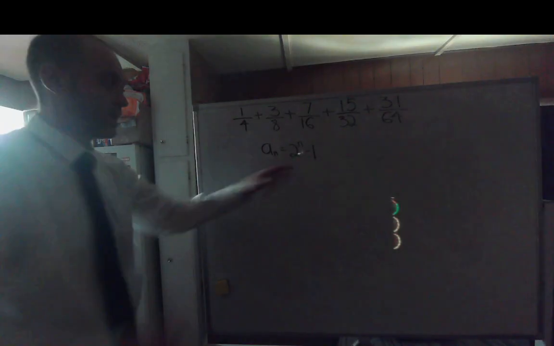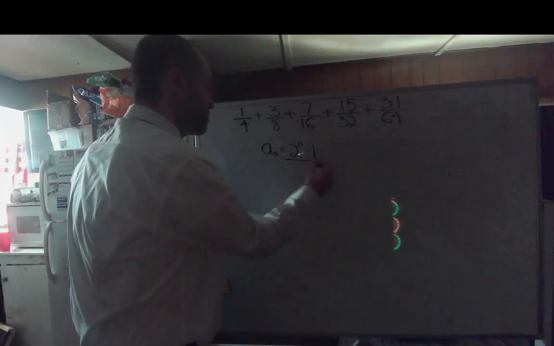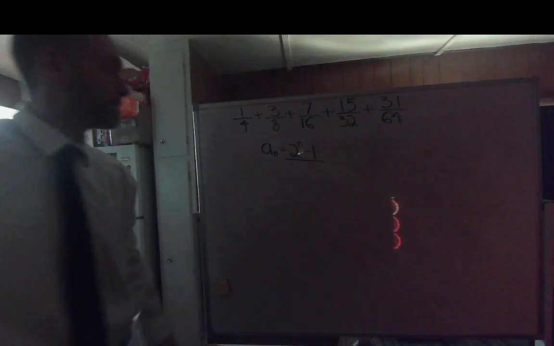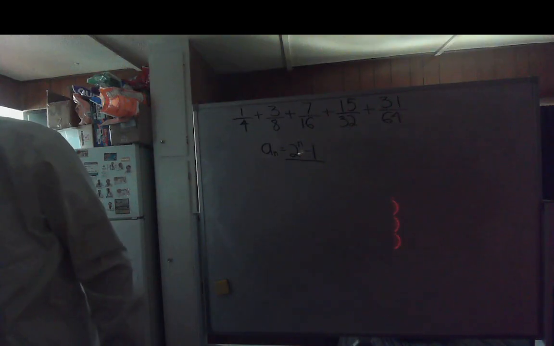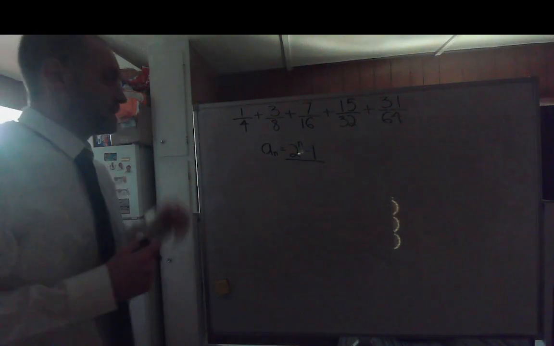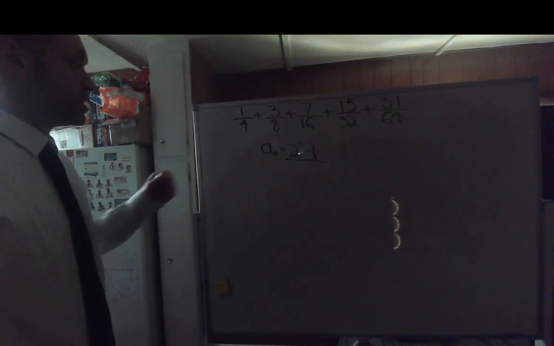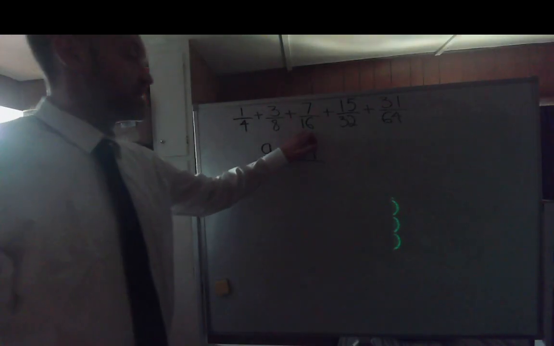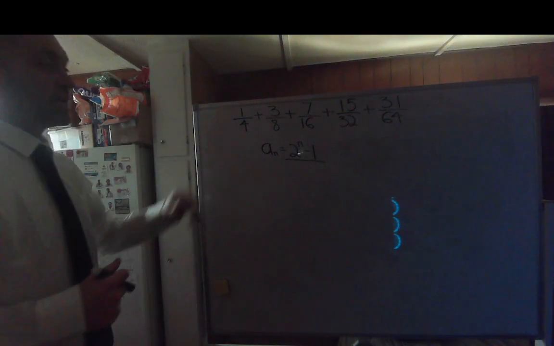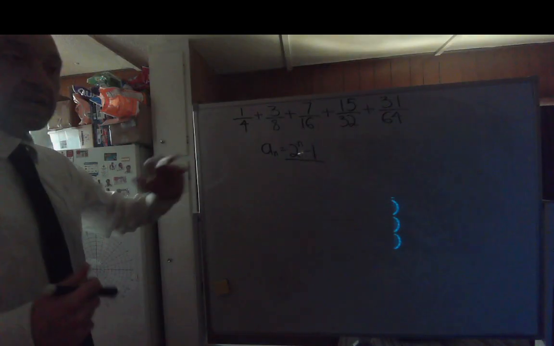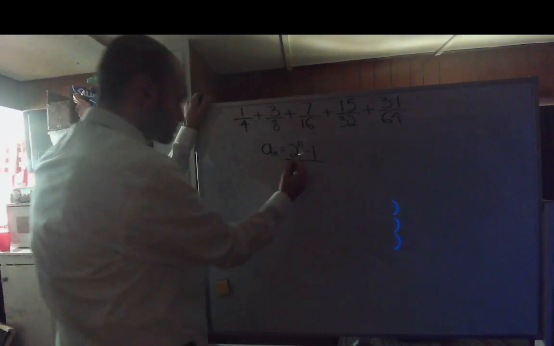So the numerator stands. What about our denominator? What about that denominator? So you have 4, 8, 16, 32, and 64. Well, keep in mind, we're starting where n equals 1, right?